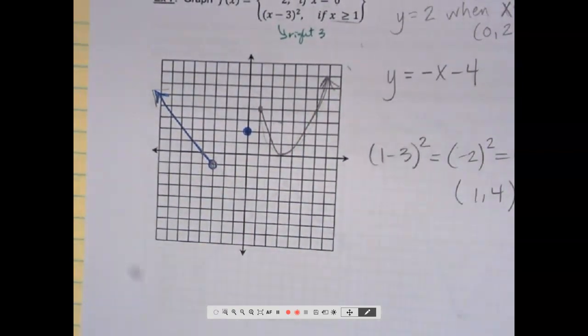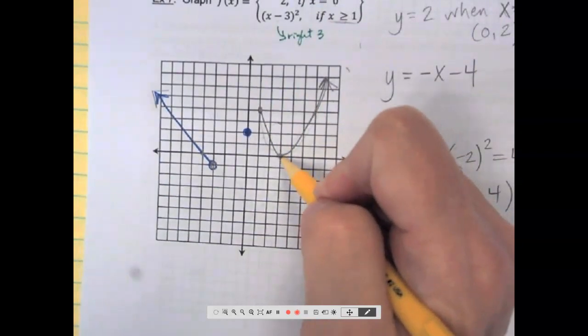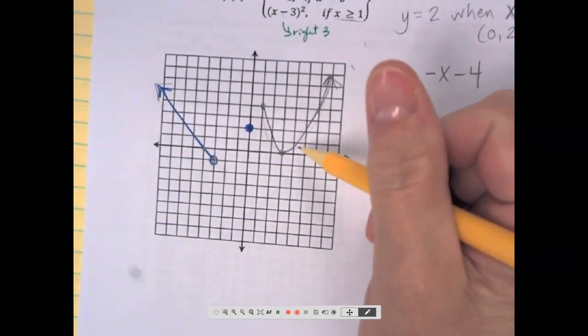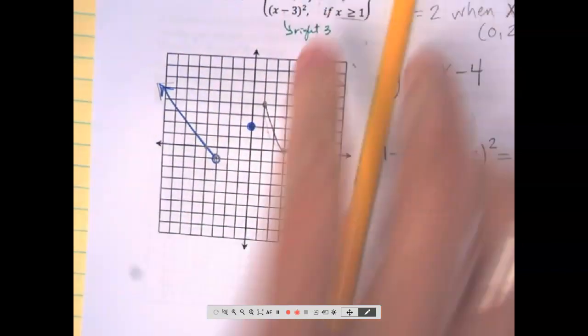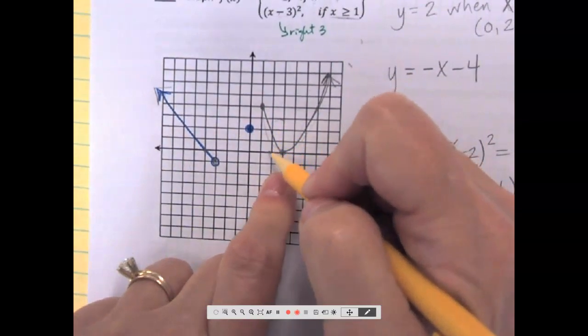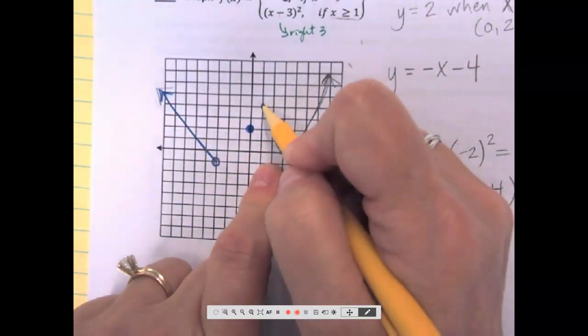Any other questions? Yes? How do you graph it? It's not very accurate. I do know that the vertex is here because of that minus 3. Now what I could do if I wanted it pretty accurate, parabolas are symmetric. So I could go, okay, this is 2 points over, 4 points up.